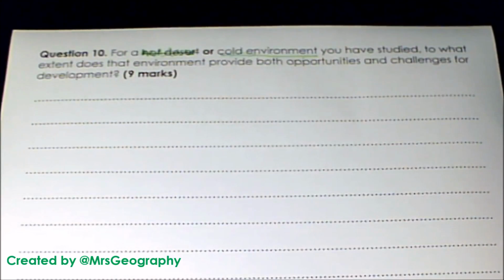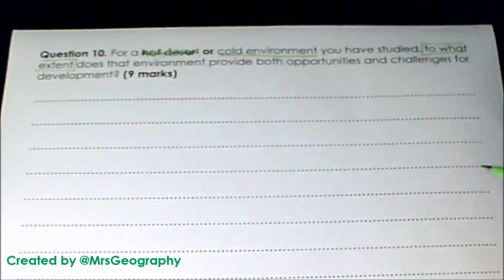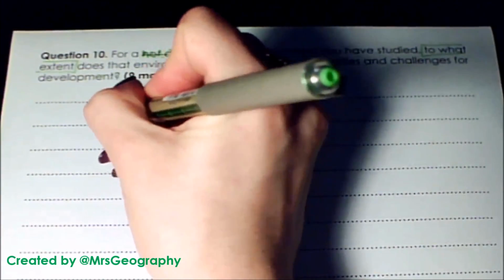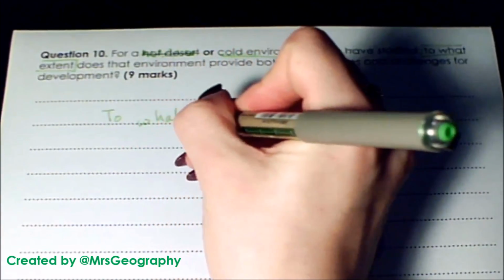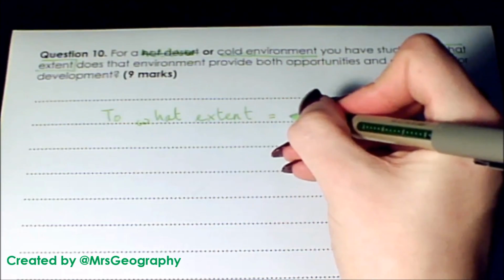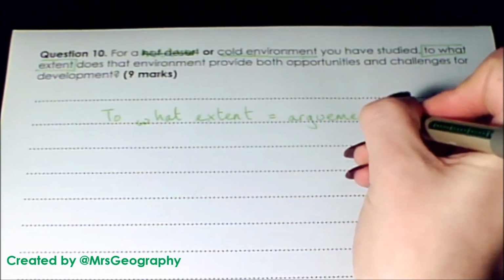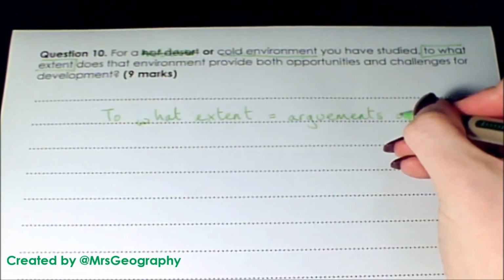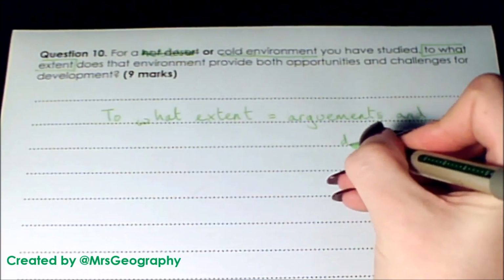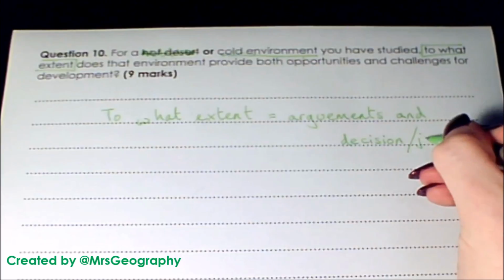So first of all, what's the command word? So to what extent is our command word? So to what extent means that they want you to provide some arguments as well as some kind of decision, or some kind of judgment.